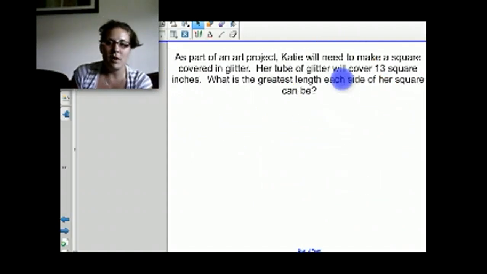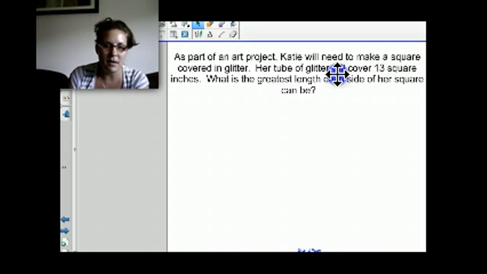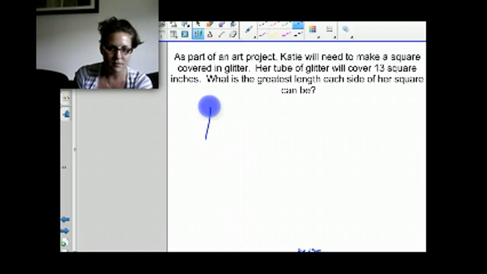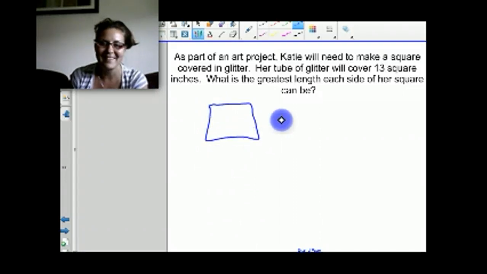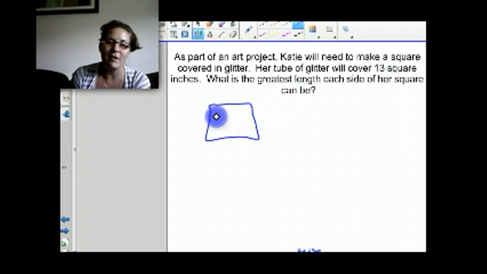As part of an art project, Katie will need to make a square covered in glitter. Her tube of glitter will cover 13 square inches. What is the greatest length each side of her square can be? So, we have a square, and the area that we can cover is 13 inches squared.